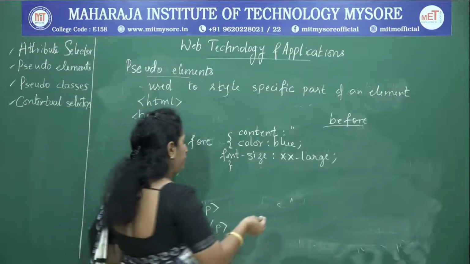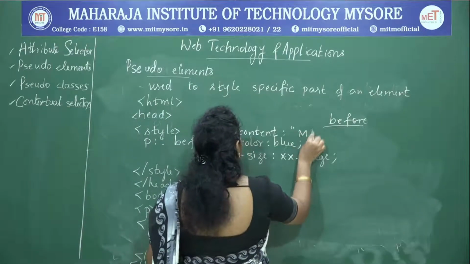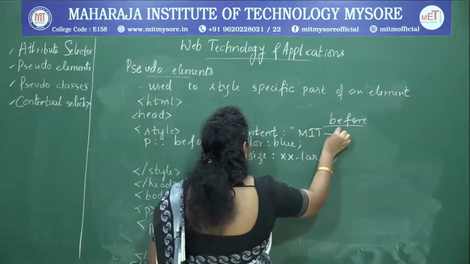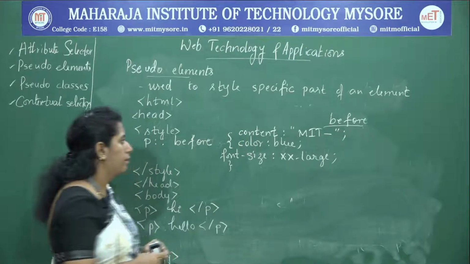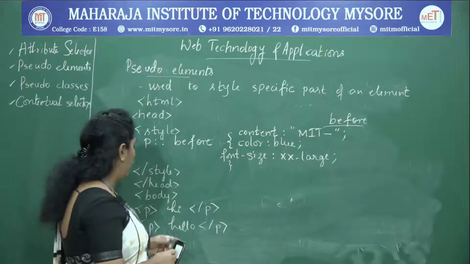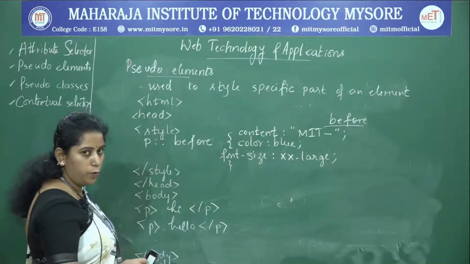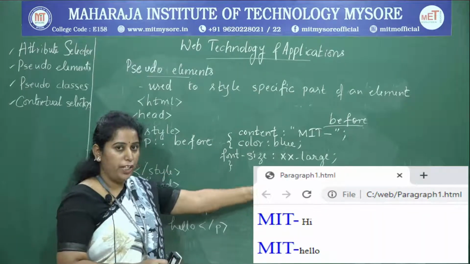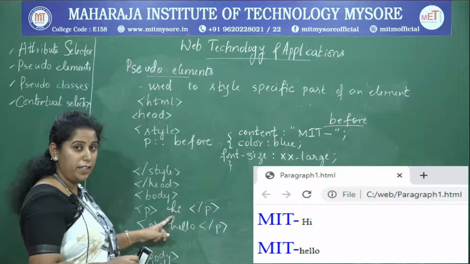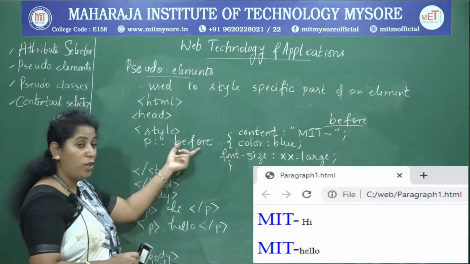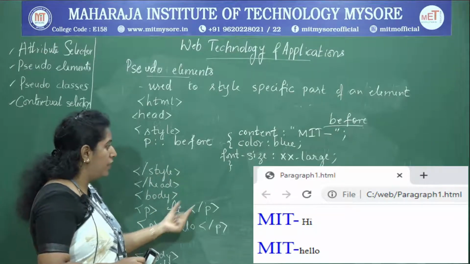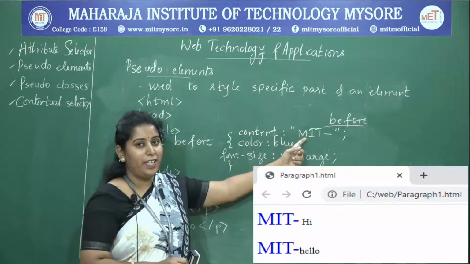Okay. For example, I am giving the content MIT hyphen. Now once you run this program, what happens? You can look into the output screen. Hi is printed. Before hi, you have used the before pseudo element, right? So before this message, what content is displayed?